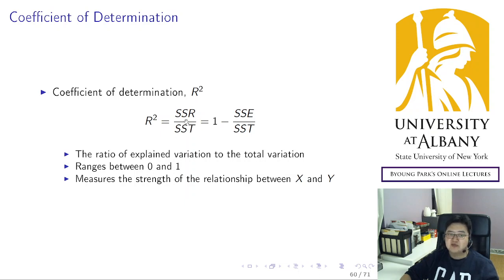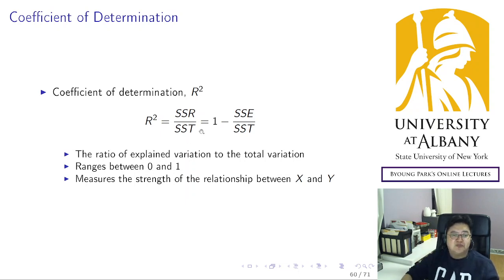Denominator is total sum of squares, total variation, and numerator is the variation explained by the regression model. So the higher this value is, the better your model explains the data, right?